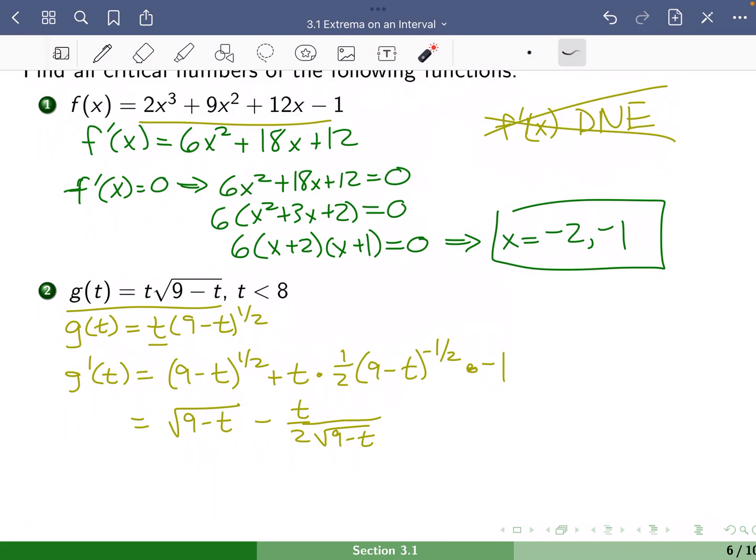We're going to set this equal to 0, but if we're going to do that, we should first get a common denominator between these two pieces.